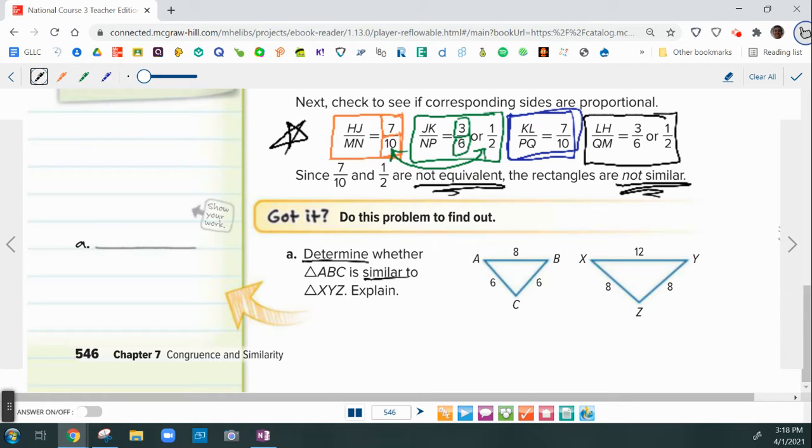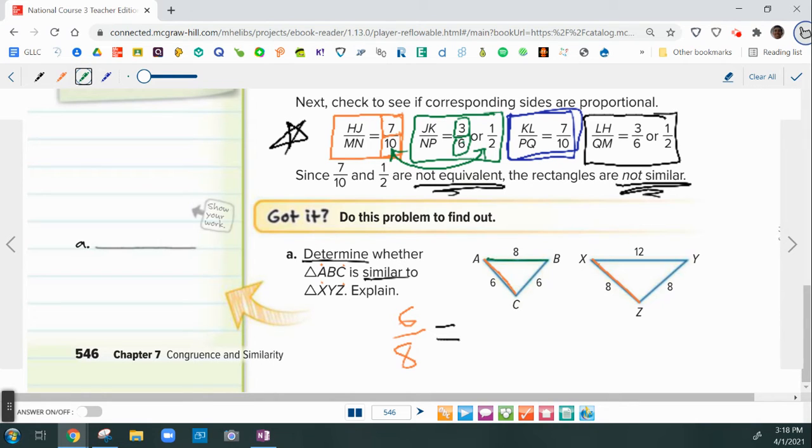So what should we do? We should test the ratios of the side lengths. So we're going to test out if AC, and what does AC correspond with? AC corresponds with XZ. We're going to see if that ratio, 6 to 8, is equal to the ratios of the other side lengths.